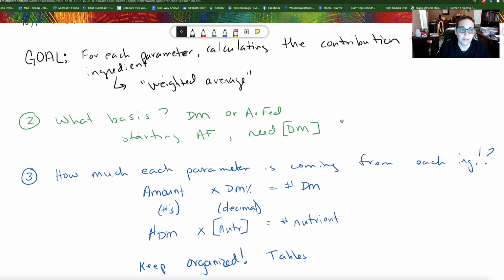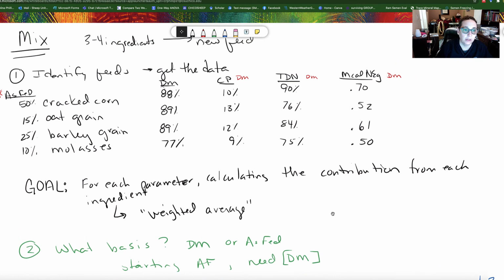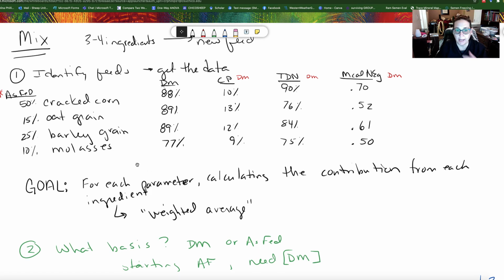As a quick review, we're going to be building a corn, oats, barley, and molasses mix that is 50% corn, 15% oats, 25% barley, and 10% molasses on an as-fed basis. And we have collected all of this data from whether it's a textbook or the Noble Feed Library, or a lot of cooperative extension websites have feed value tables available.